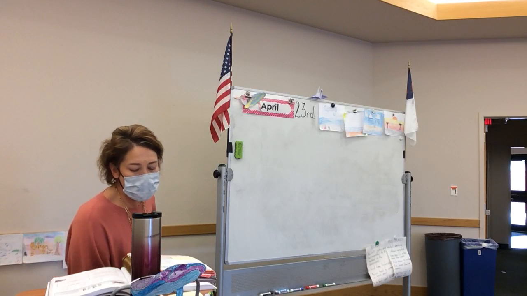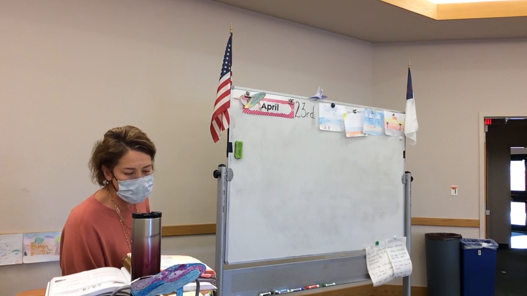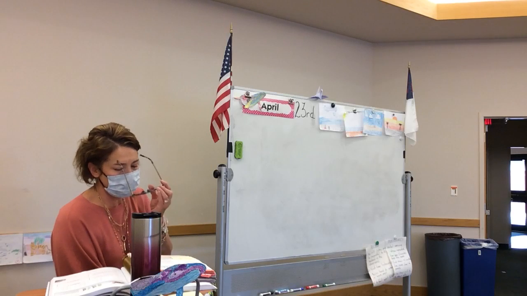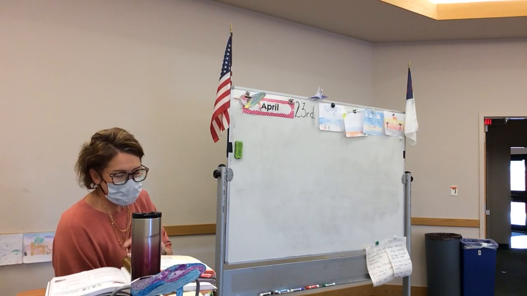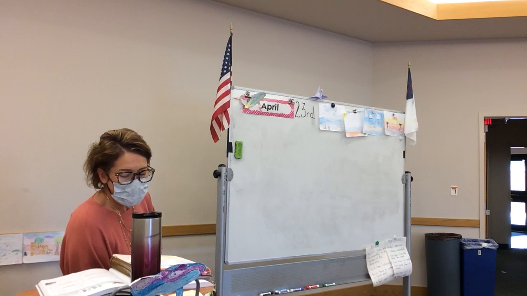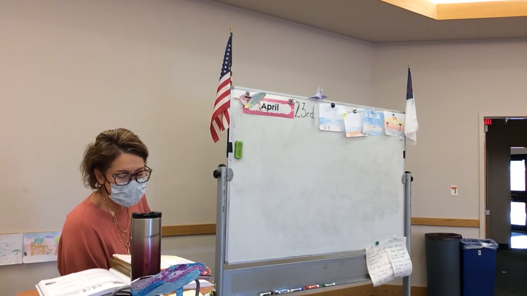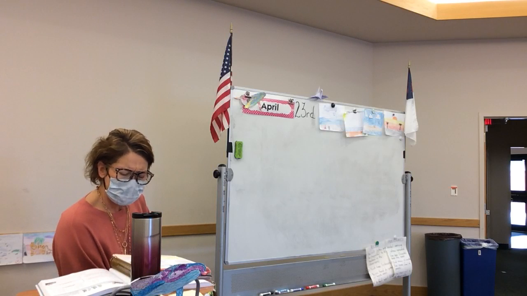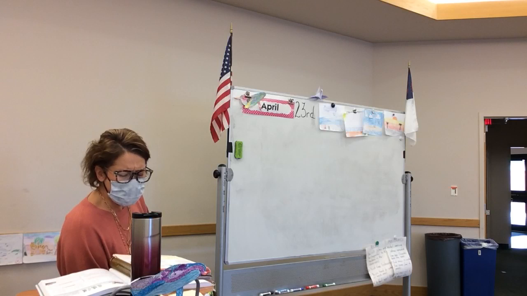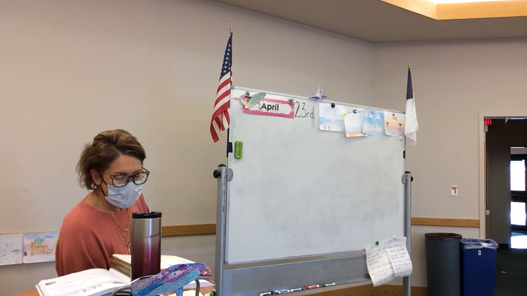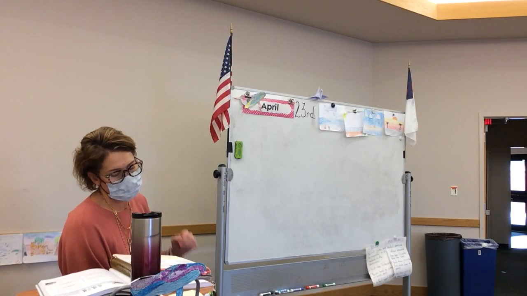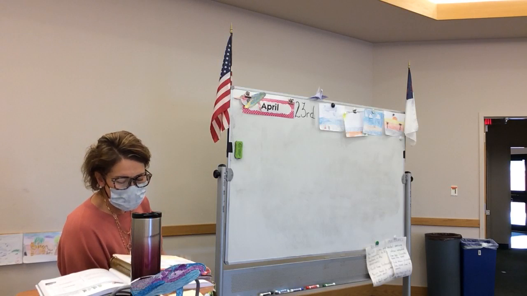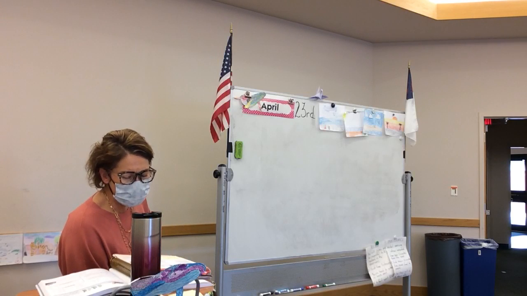All right, very good. Now we're going to move on to story problems. Listen closely. When Chloe and her family went on vacation, the average speed for their car was 58 miles per hour. How many miles could they travel in 9 hours? So what are we going to do to figure out the story problem?